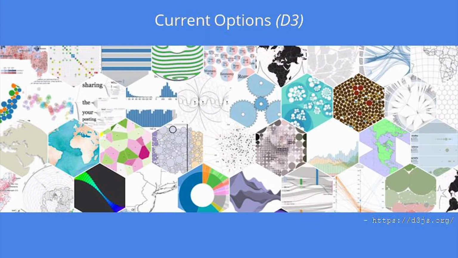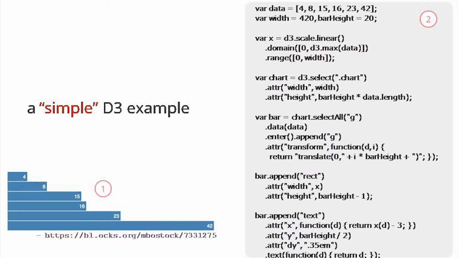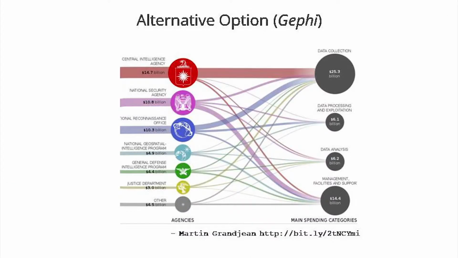In fact, this example is from their website, and each hexagon is a different type of data presentation. But it takes that code on the right to create that simple example. I wouldn't want to know how much code would be required to do that. In fact, this was actually created with a desktop application called Gephi.